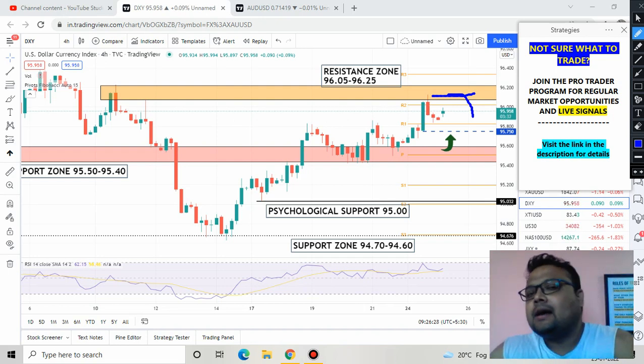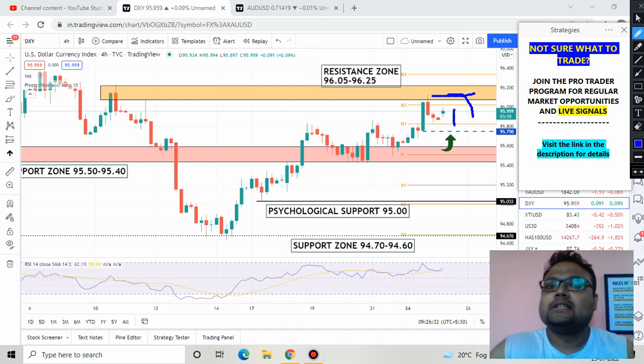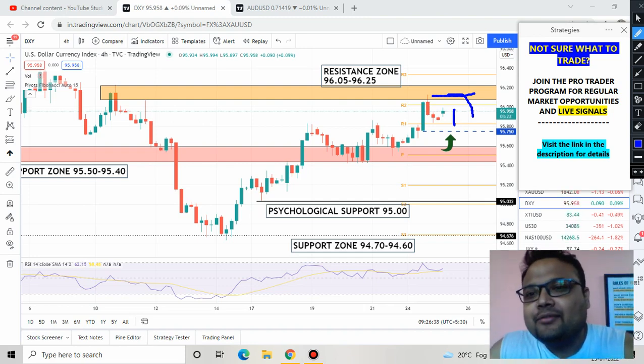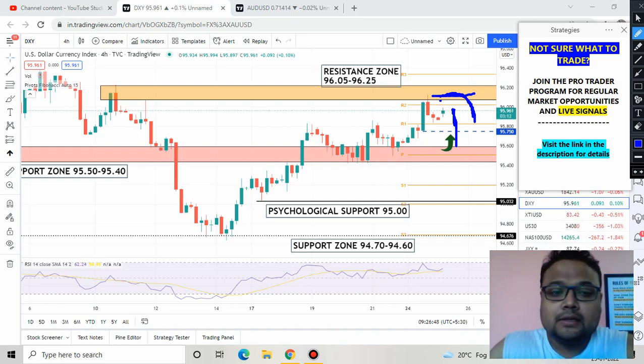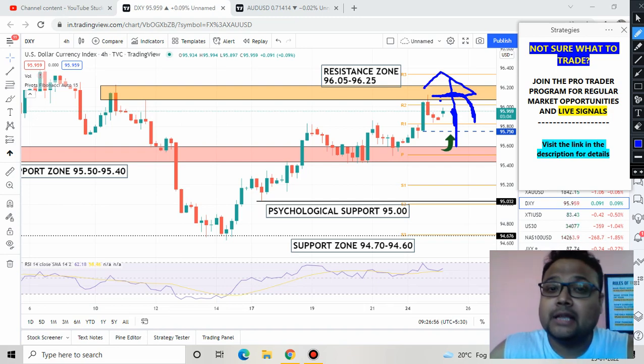And if DXY goes down, then also we will see some buying on gold as well. But if the US dollar DXY breaks the resistance zone and goes up, then we will see some selling on gold.